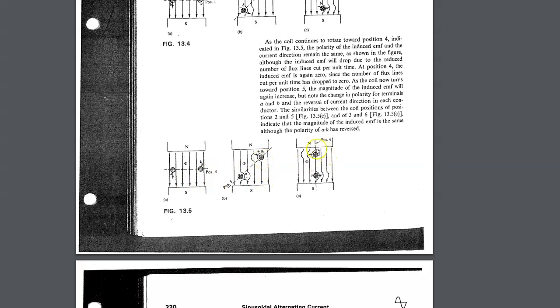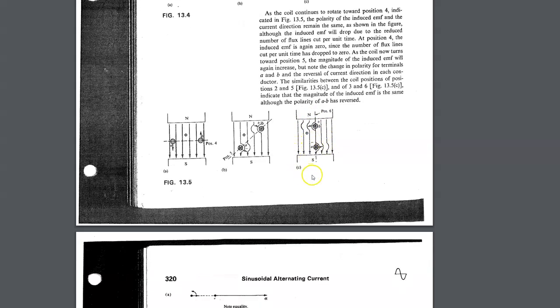And again, when conductor B is at 90 degrees, we got max current, max voltage, and max current. And we continue around. And what happens, and I tried to show this in the video, I'll review this again in lecture tomorrow.